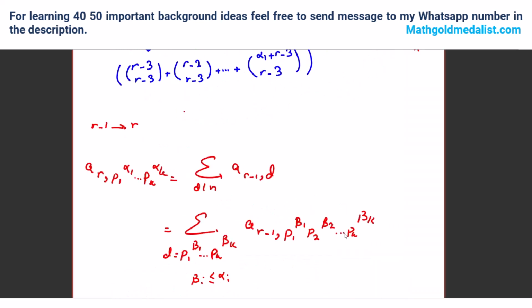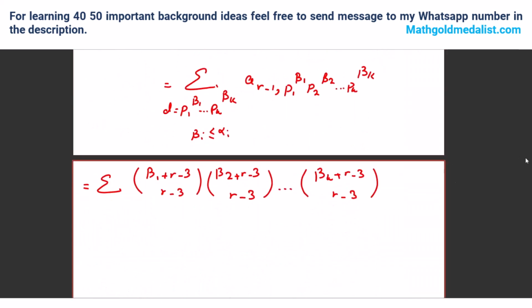And it is correct for all p1^beta1 to pk^betak, beta_i less than or equal to alpha_i, right?